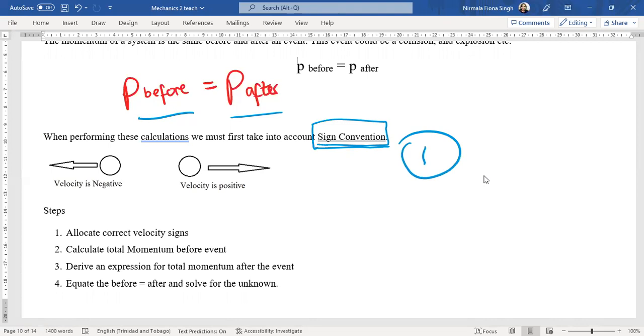What a sign convention means is, if something is moving from left to right, we take the velocity as being positive. It's just simply to work out for mathematics' sake. Anything moving from left to right, the velocity is taken as positive. And if my velocity is moving from right to left, my velocity is taken as negative. It's just simply signs for the calculation.